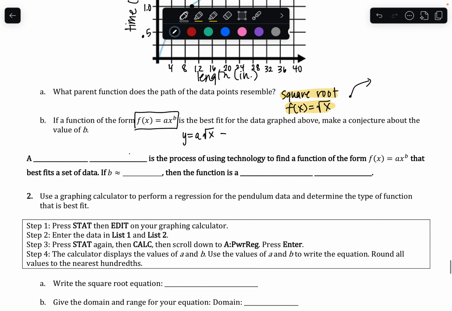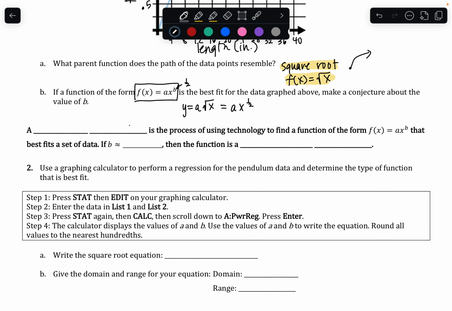If you remember, we can rewrite square root as a 1/2 power. That means b would be 1/2. So a power regression is used to write our square root regression.